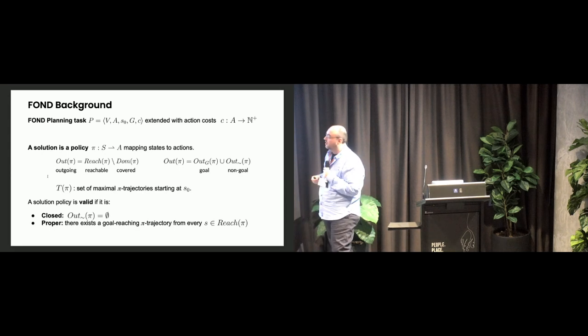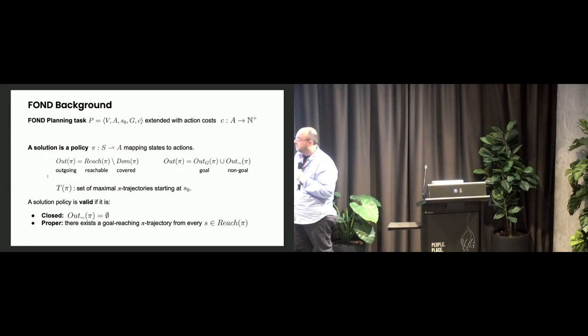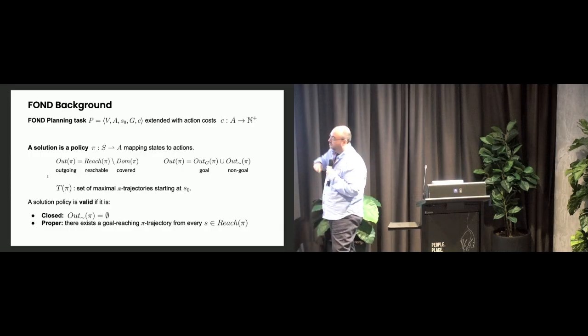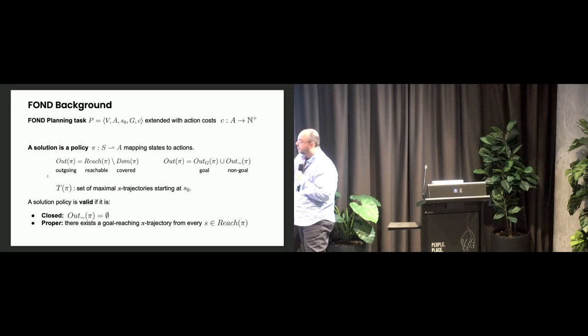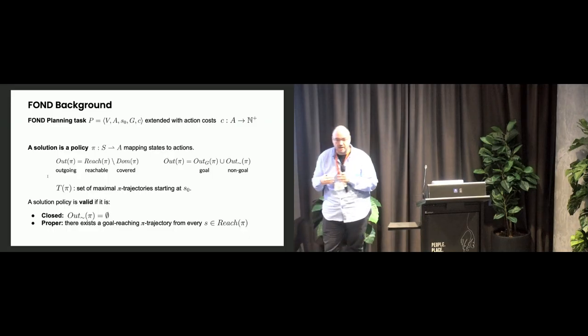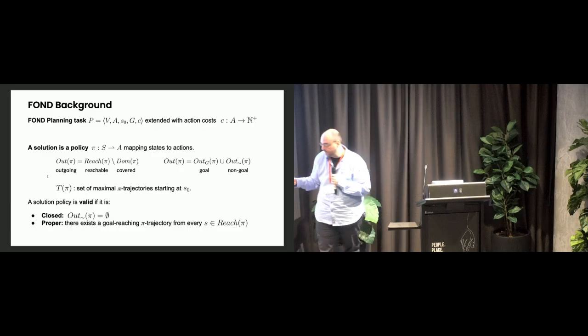And then the second concept is the set of maximal trajectories that the policy induces when you execute it in the initial state. Then a solution policy is valid if it is closed and proper. Closed here means that there are no outgoing non-goal states. And proper means that from every reachable state, you can reach the goal following the policy.